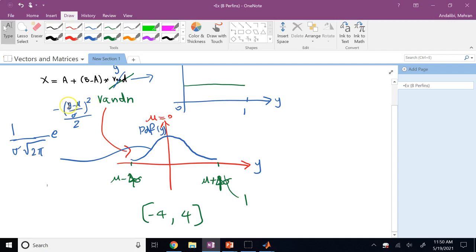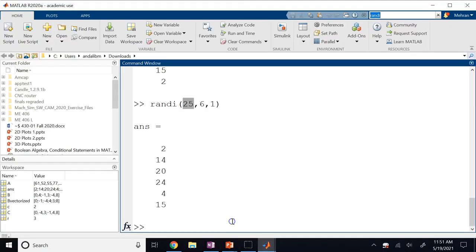Because y is 4 sigma, mu is 0, so that is going to be 4 squared, 16, e to the negative 8. E to the negative 8, correct? Divided by square root of 2 times pi.